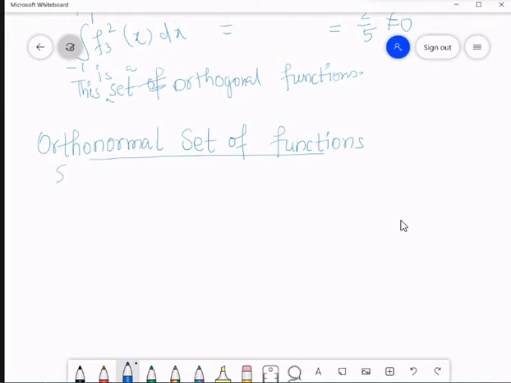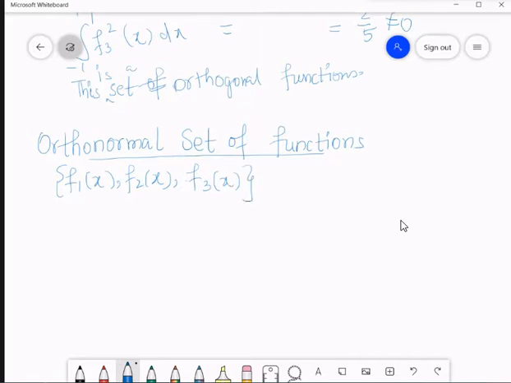Okay, so if I have a set of functions f1(x), f2(x), and suppose there are many more functions. Let me have it for f3 first, and then we will extend it for an arbitrary set.